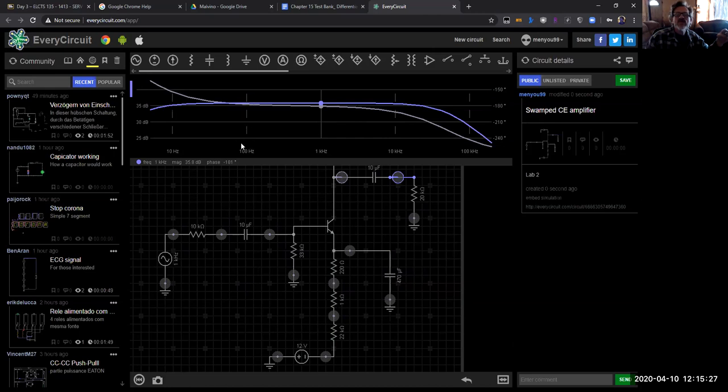Our bandwidth is essentially not even 100 hertz. So we have a pretty tight bandwidth before we start seeing distortion. When you get down into this range, that's your rejection area, and this is where the amplifier would not be working ideally. Really, we're locked in tight on this 1 kilohertz.